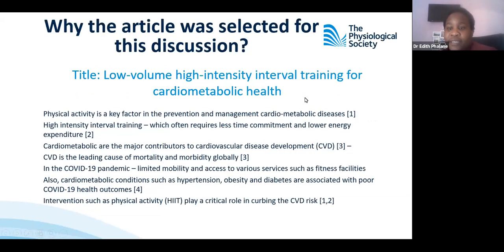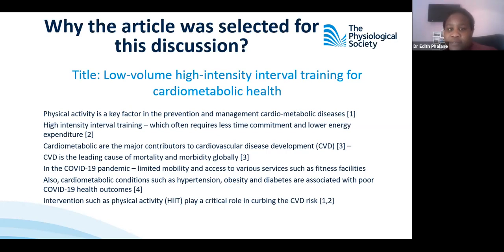Okay, so we are gathered here for the Visual Journal Club, and there's an article of interest that I selected that we're going to discuss. I'm just going to go into the reasons why this article was selected, which is titled Low Volume High Intensity Interval Training and Cardiometabolic Health.